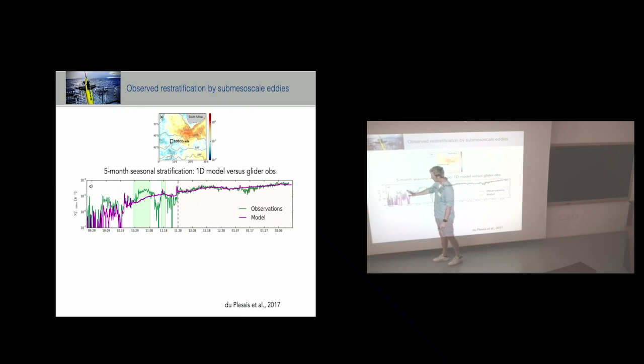So we have these big differences between the model and the observations, and then eventually they start to get more and more stable. Now we have a lot of solar heating, and the whole ocean stratifies in summer. But something is going on in spring that can't explain the difference between what you would expect from one-dimensional processes and what we actually measure from the gliders.